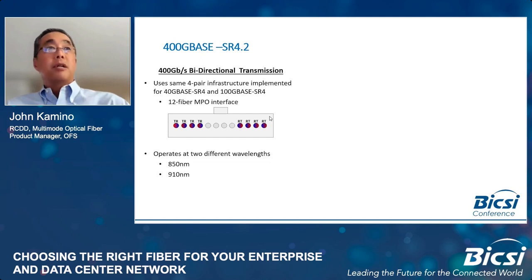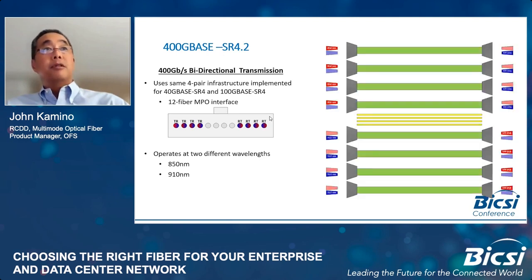I want to touch a little bit on 400G base SR4.2 because it's the first multimode application that takes advantage of OM5 multi-wavelength capability. It uses the same 4-pair infrastructure that's been used for 40G base SR4 and 100G base SR4, using the 4 outside fibers in a 12 fiber MPO.